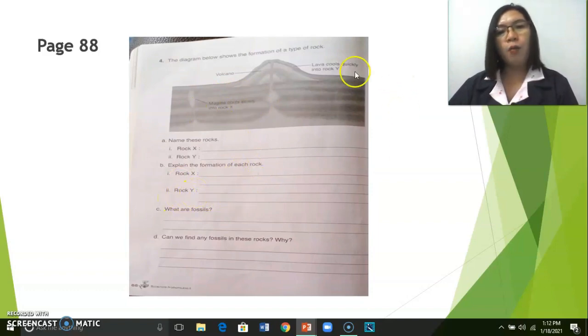And rock Y? So you will know the types of rocks. The answer here is the type of rock, whether it is sedimentary, igneous, or metamorphic, and then you are going to explain the formation. Here, do not answer this because by next meeting we're going to discuss fossils.